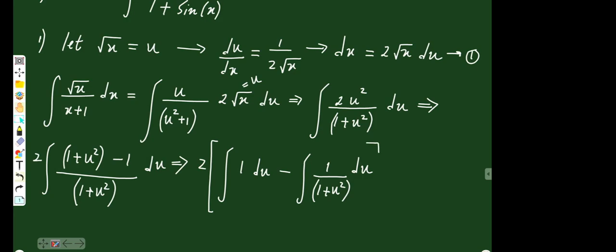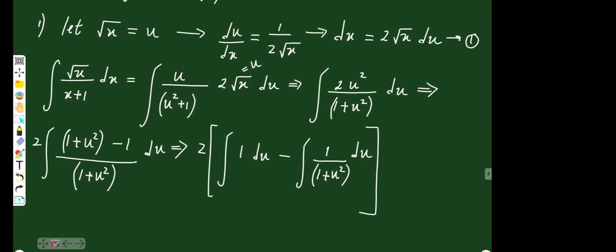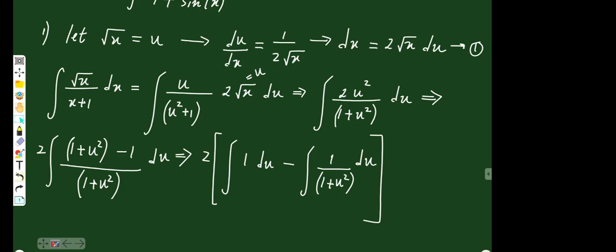Okay, so do it consciously, right? Then what is this one over here? Isn't it tan inverse u? Am I right?